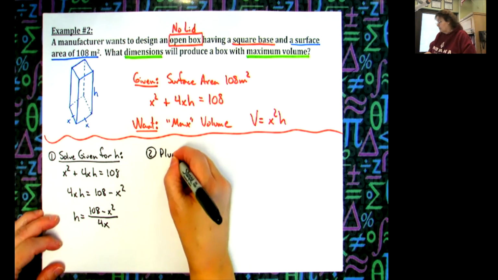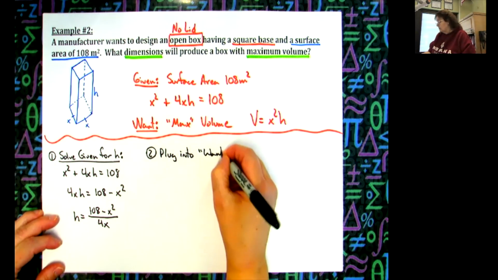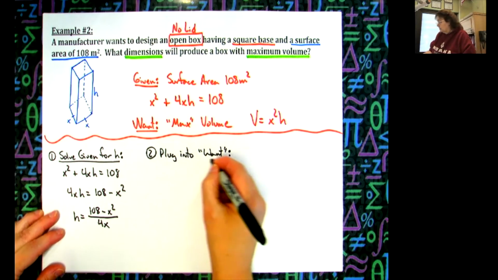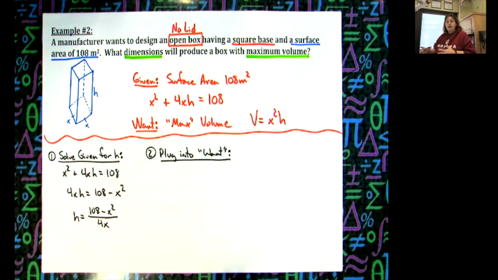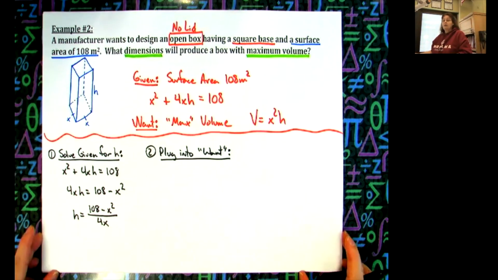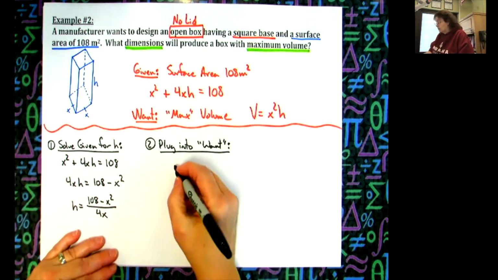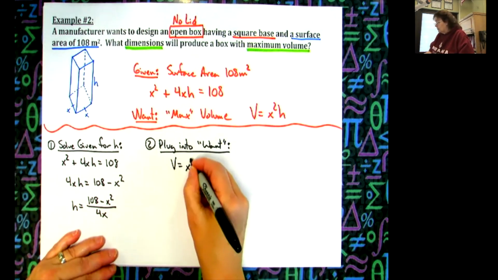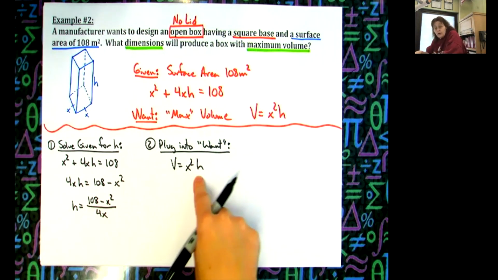Okay, again, I'm going to go sideways just because I'm running out of room here. Next step is going to be to plug into our want. Okay, so my want equation, again, I'm going to write it down initially not as a function. I'm just going to write it down the way I found it from my picture. So v equals x squared h. Okay, now I want to turn that into function notation because I want this all in terms of x.